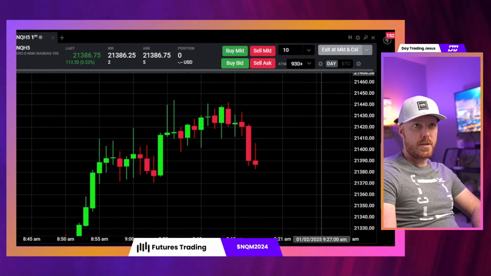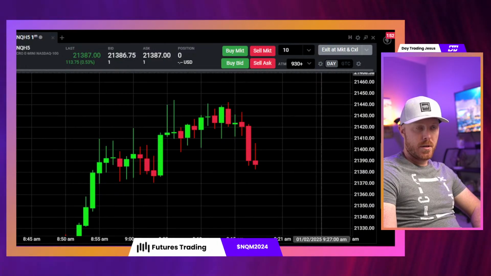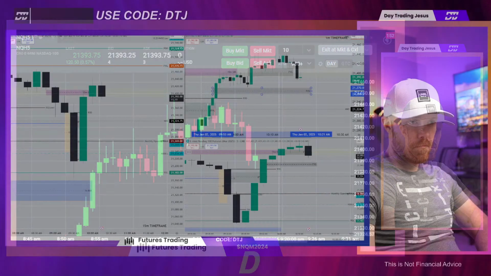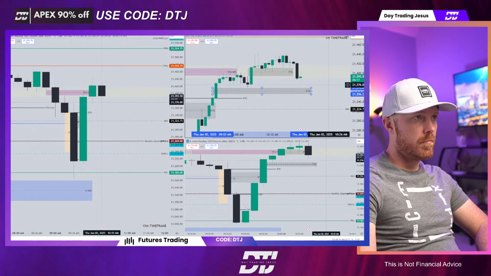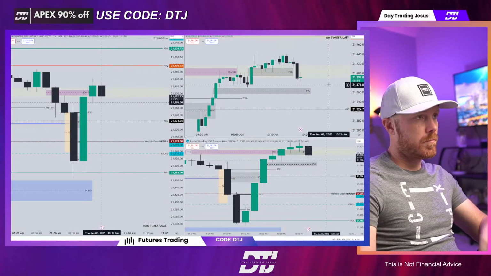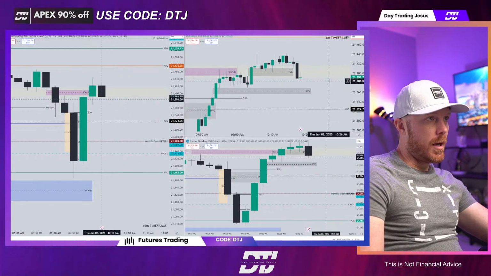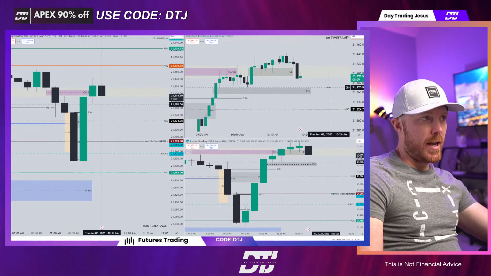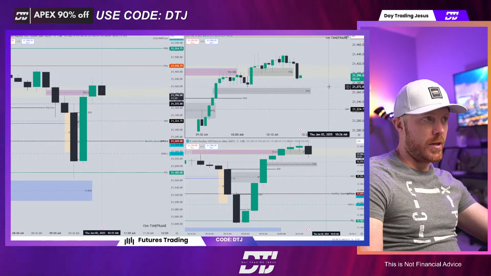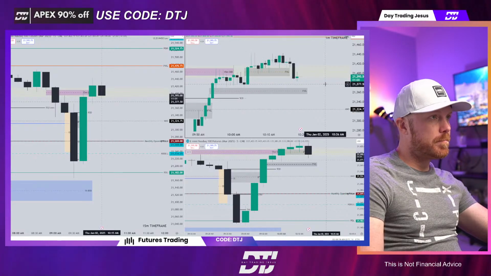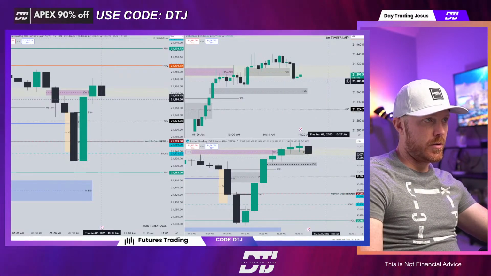There we go. 10 handles. Booked. That's why I said I'd take 10, because going to the equal lows would be really nice, but I'll take 10 handles on it.